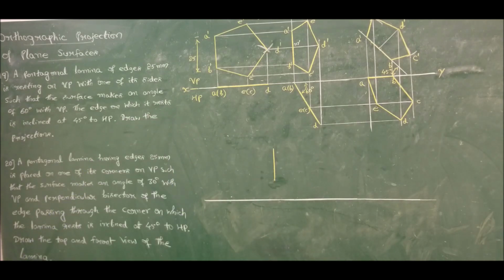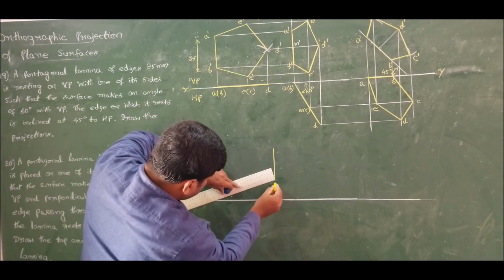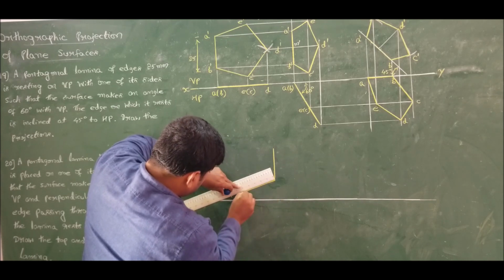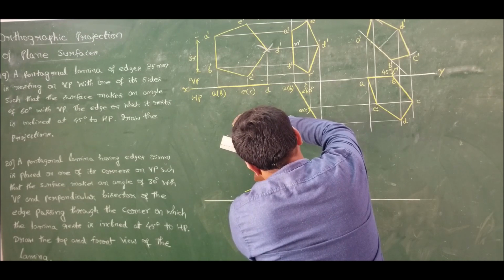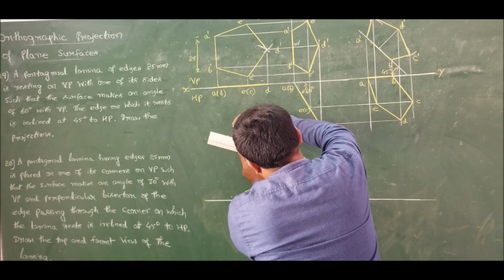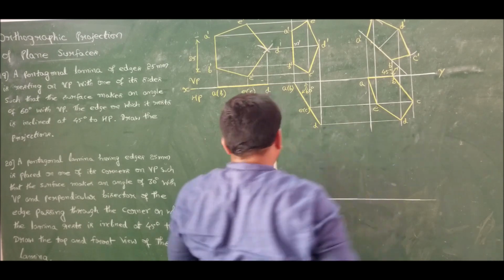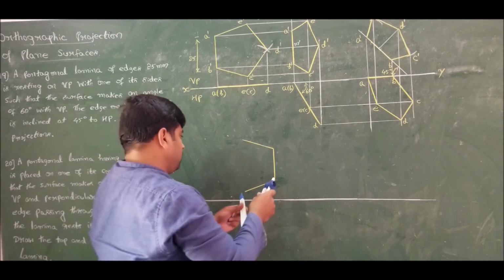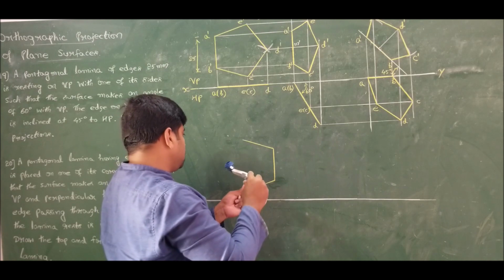Now the edge length is known, which is 25 millimeters. Lay down the edge. Here also we have the edge dimension, which is 25. Draw the edge. Now using compass, you cut the arc to complete the required pentagon such that you will get the corner towards your left hand side.